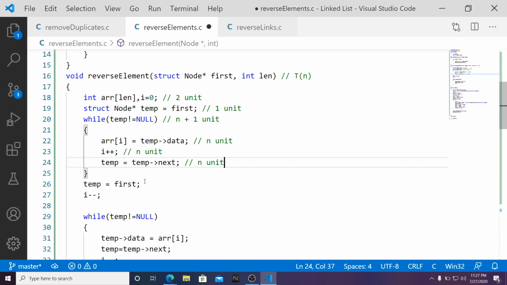Now this temp equal to first will be executed for 1 unit. i minus minus will be executed and it will be taking 1 unit because it is not inside any loop.